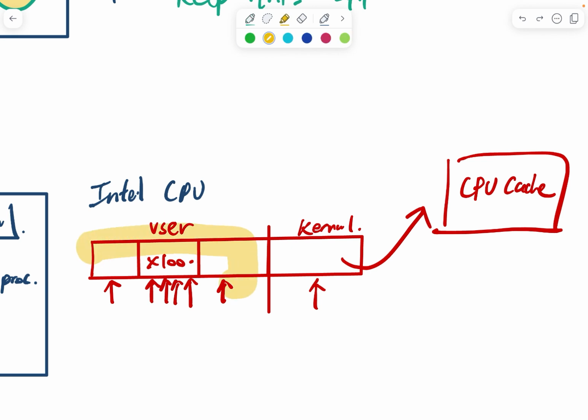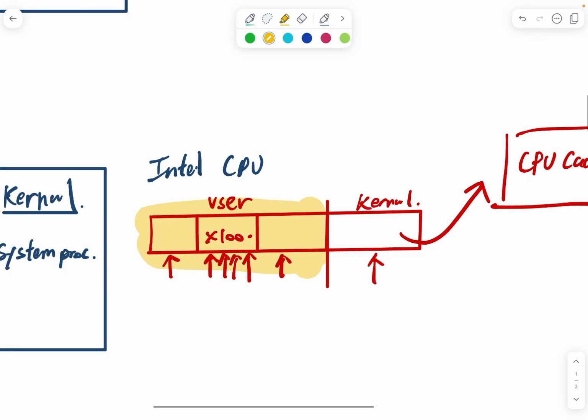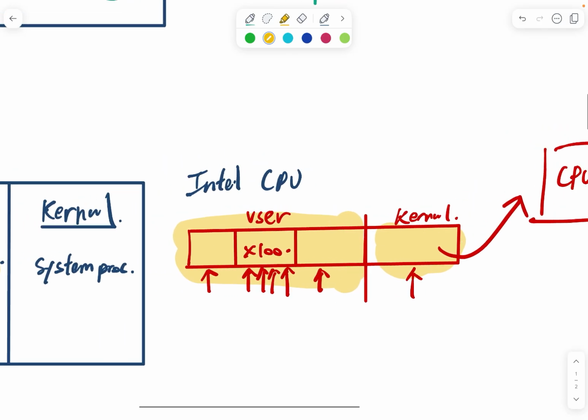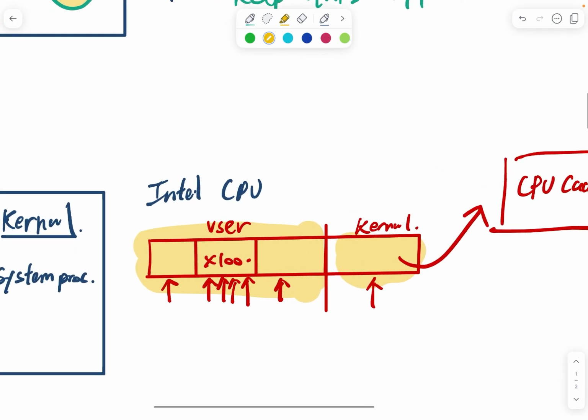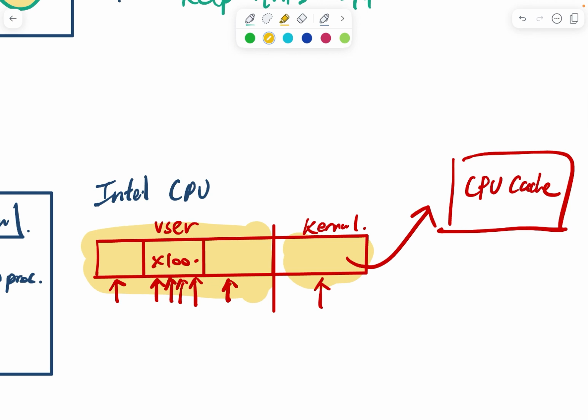Accessing these memory and placing them in the CPU cache is legitimate, because they actually belong to this app. But for the last one, it is actually in the kernel state, and you're accessing this kernel memory and putting it in the CPU cache as well. And this is not permitted.